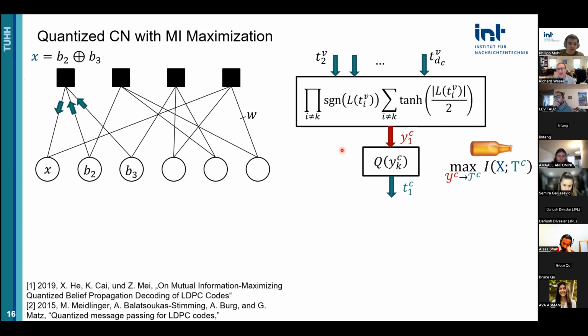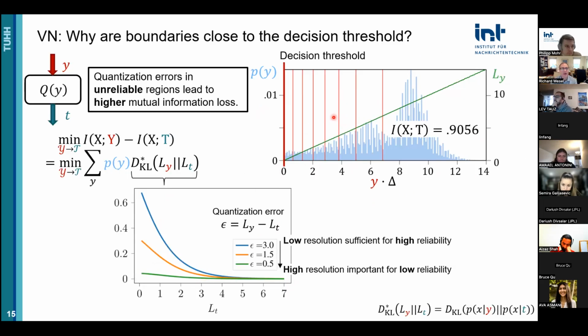Can you, sorry, let's check. I wanted to ask, when you are saying the Kullback-Leibler divergence between Ly and LT, those are likelihood values, those are numbers, and the Kullback-Leibler distance is between distributions.